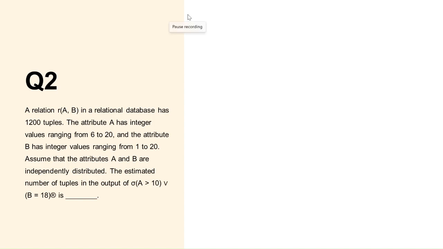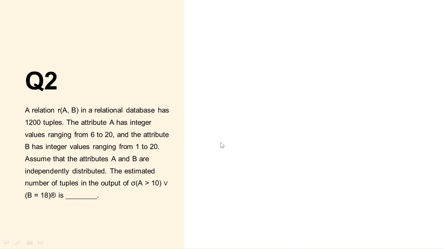The next question is, a relation R(A, B) in a relational database has 1200 tuples. The attribute A has integer values ranging from 6 to 20, and the attribute B has integer values ranging from 1 to 20. Assume that the attributes A and B are independently distributed. The estimated number of tuples in the output of sigma (A greater than 10) union (B equal to 18) is?